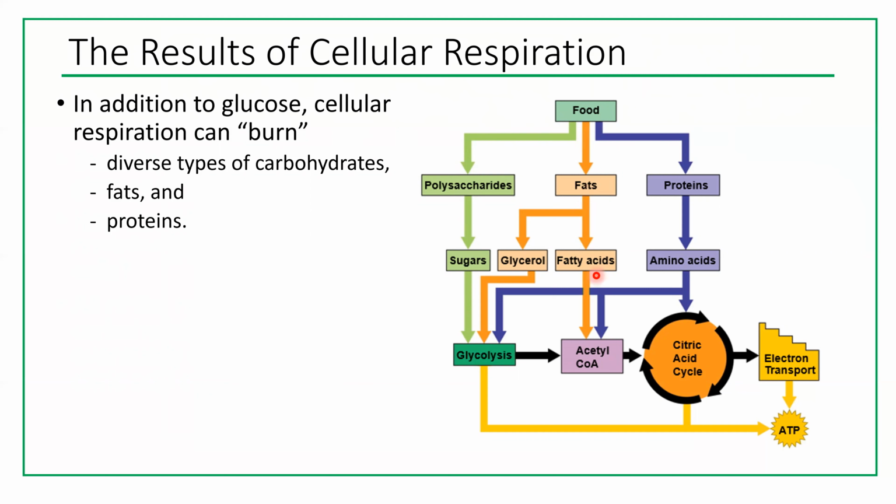Fats can enter at AcetylCoA or at the glycolysis step, right? Proteins can also enter cellular respiration at glycolysis, AcetylCoA, or the citric acid cycle, right? So all this food can be used to make ATP. And most ATP is made from this electron transport or oxidative phosphorylation.